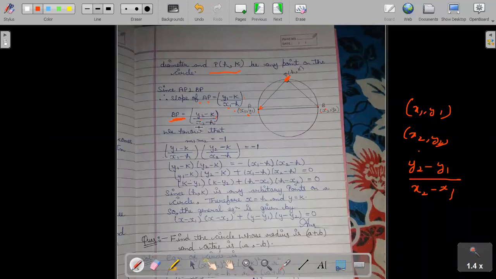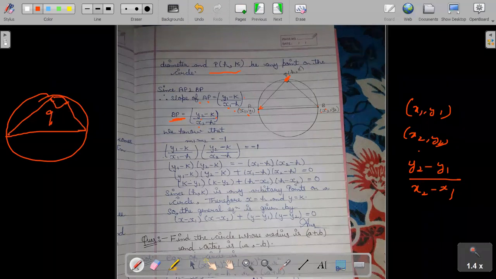y2 minus k over x2 minus h. अगर आपको याद हो छोटी क्लासेस में डायामीटर से जब आप कोई भी एंगल सर्कल के ऊपर बनाते हो वो एंगल कितना होता था? डायामीटर को अगर आप ज्वाइन करो और सर्कल से दोनों एंड से एंगल बना दो तो वो एंगल हमेशा कितना होता था? 90 डिग्री। A diameter always subtends 90 degree on the circle। तो इसका मतलब क्या हो गया? एंगल APB कितना हो गया? 90 डिग्री। तो मींस ये जो लाइंस हैं AP और BP ये आपस में क्या हो गई? परपेंडिकुलर। और परपेंडिकुलर लाइंस की एक प्रॉपर्टी होती है जो हम बार बार यूज करते हैं, so product of their slopes should be -1। गर्ल्स क्लियर है? बेटा क्लियर है?